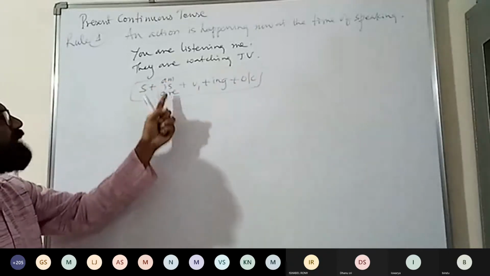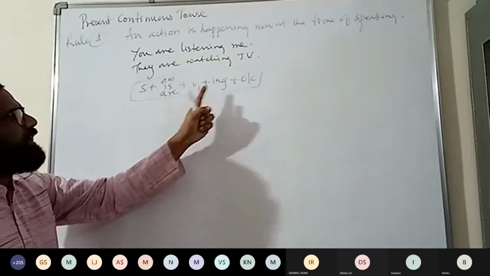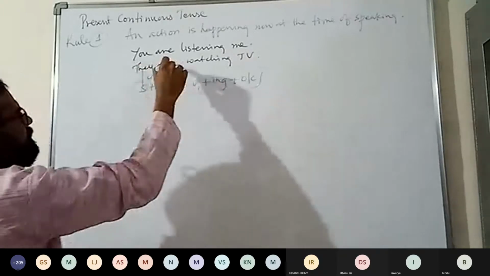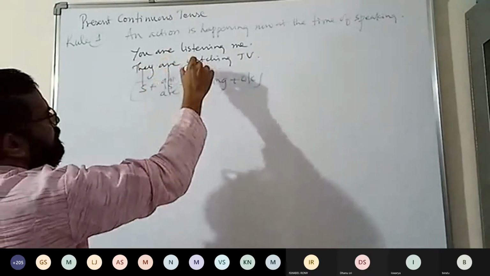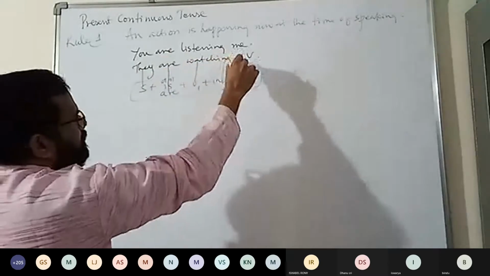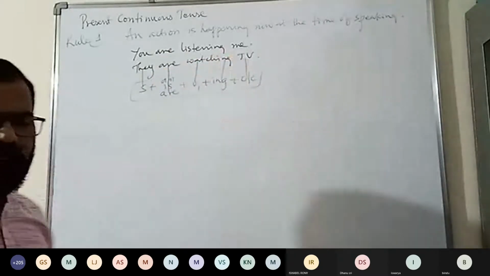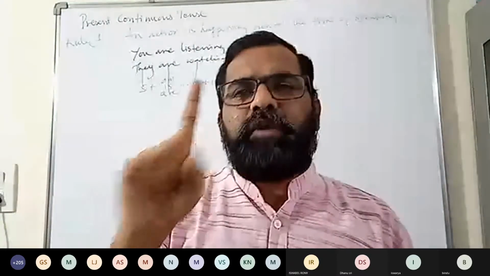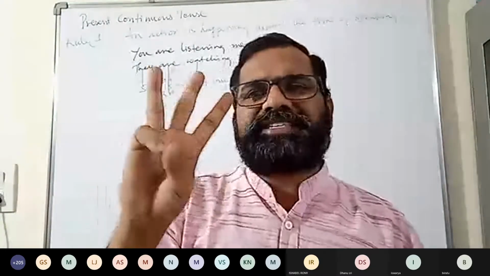Subject plus am, is, are plus verb 1 plus ing plus object or complement. Is present continuous clear? Rule number 1, structure and example.